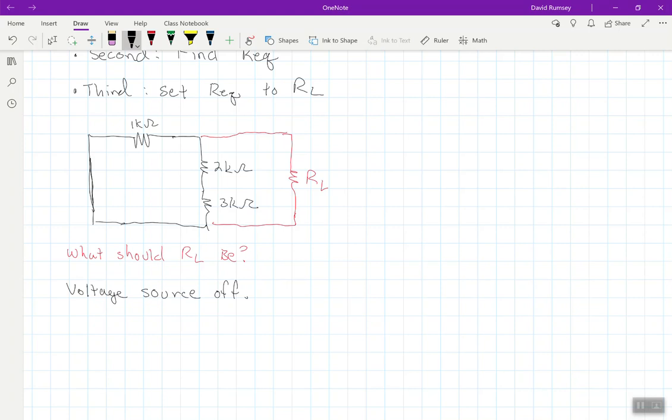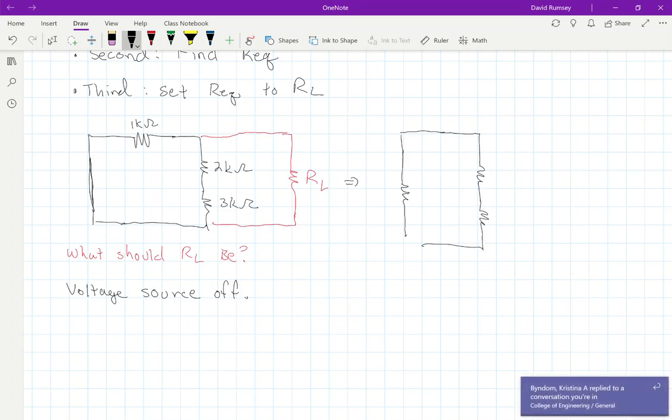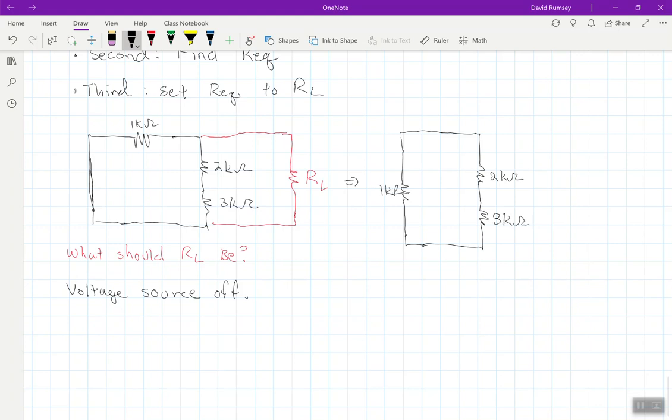They're clearly not in series if we draw it like this. And I'm going to redraw it one more time, where I move this 1 kilo ohm off to the side, and then I have this 2 kilo ohm and 3 kilo ohm, one kilo ohm, and then of course we have attached my load resistor.